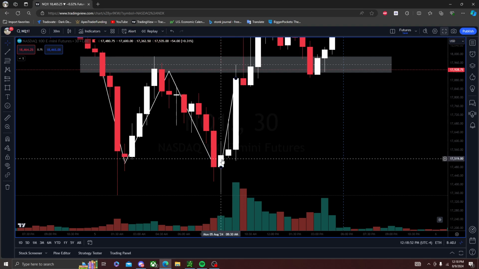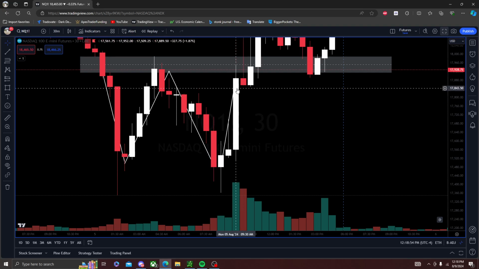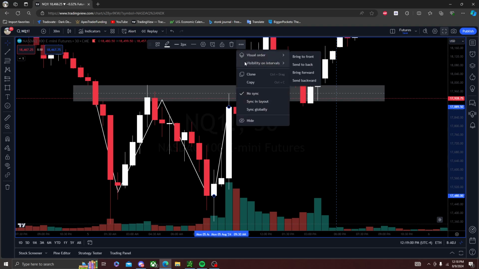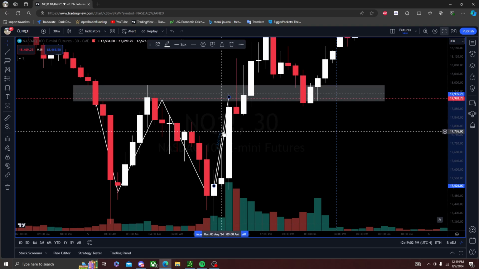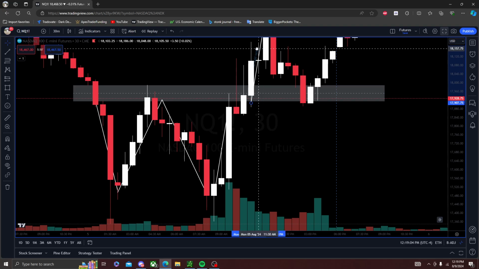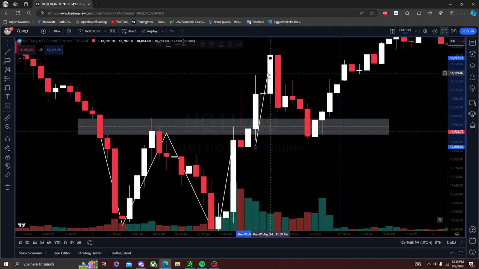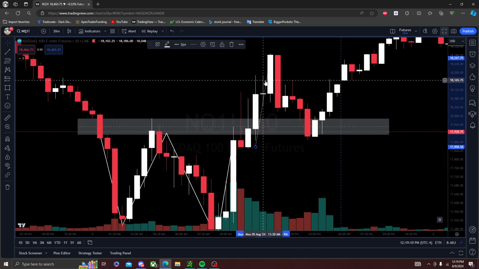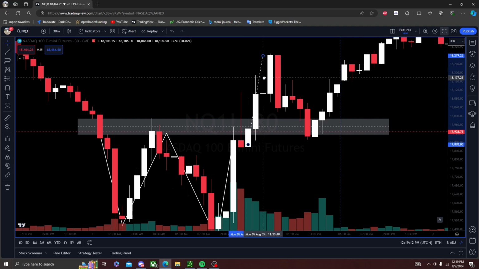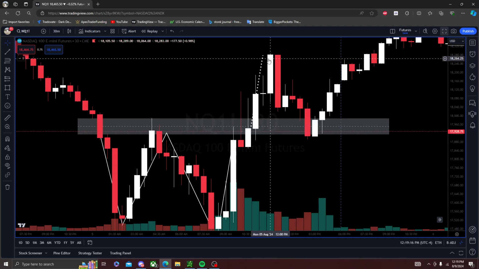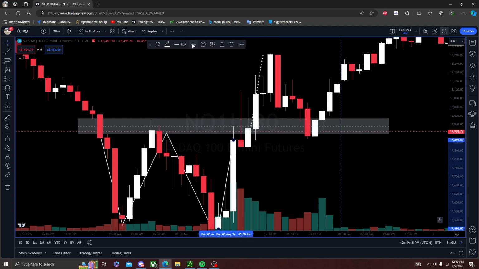And then take a look again, we have 3 consecutive green candles right here. So then we would duplicate this move, bring it up all the way to the top of the breakout, depending on where you draw it, but you can see where we hit before we start seeing some pullback. It's pretty much perfectly right at the top, and then you see that we reject it right here.